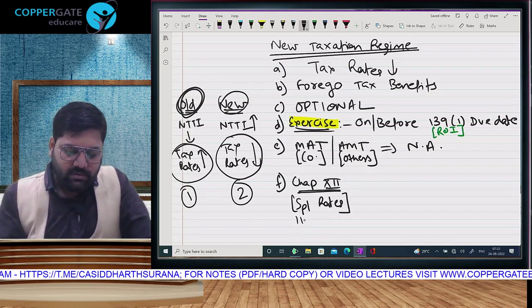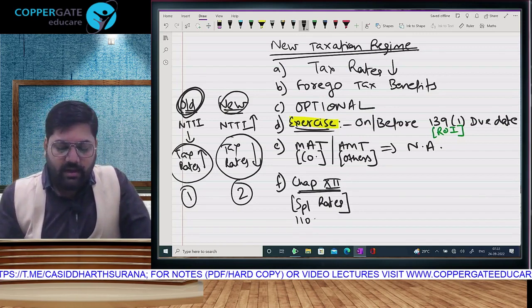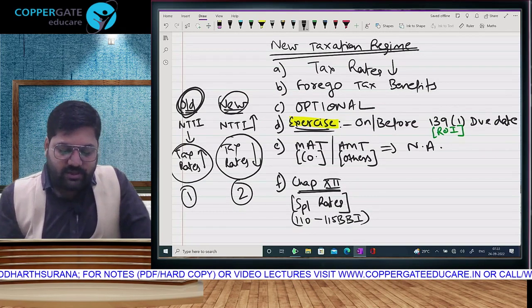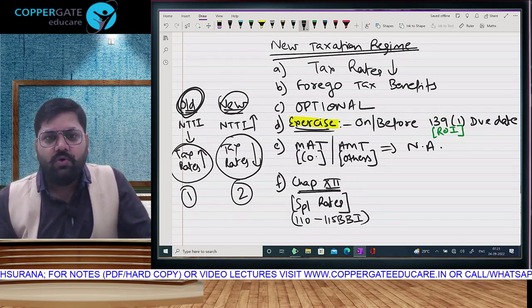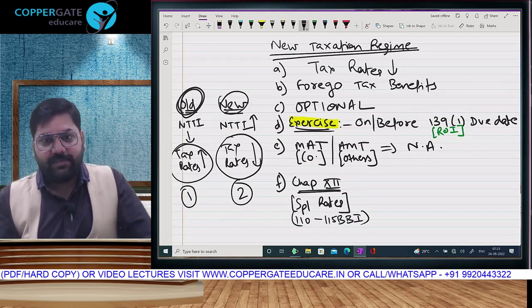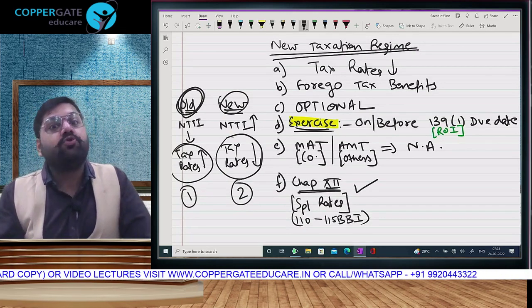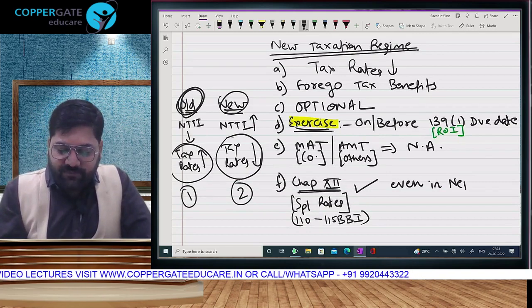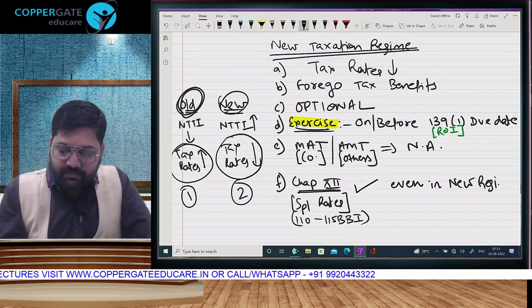Starting from 110 and going up to 115 BBI. Actually it was BBG, but this year there are two new sections, BBH and BBI. Correct hai? Special rates of chapter 12 will continue to apply even for those assessees who are opting for the new taxation regime.